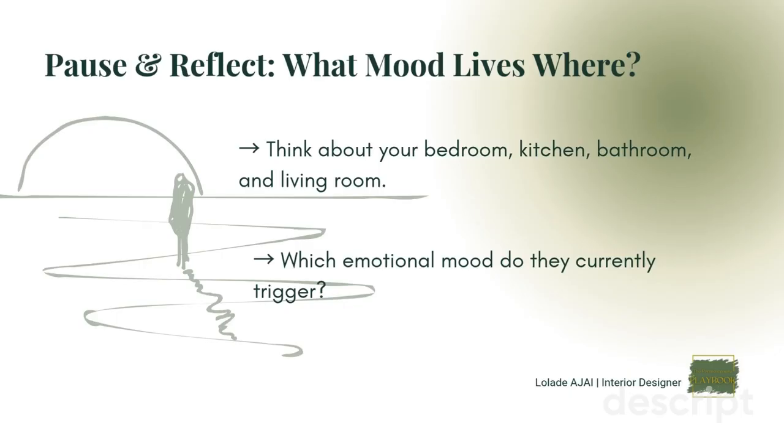Or does it feel overwhelming? Don't judge, because we're not here to judge. Just observe. The first step in any transformative process is awareness. So just jot down your thoughts and simply sit with it. We're going to come back to this in module 2, when we will do a full mood map of the home.